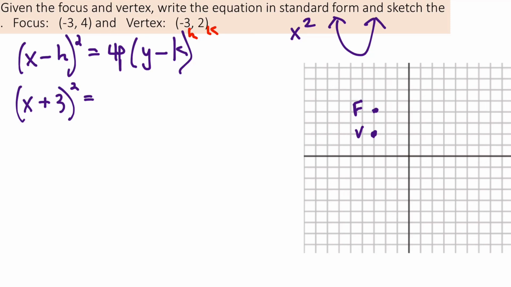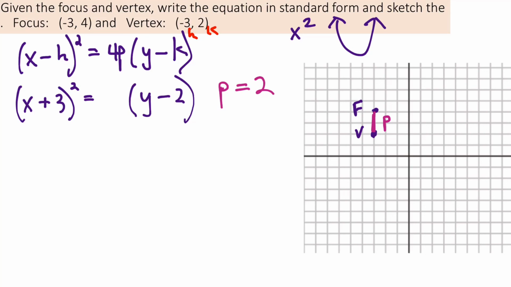Let's wait on 4p for just a second. Then we know y minus k, which is 2. So over in the graph here, this is 2 right here, so this is your p. So we know p is equal to 2. The distance between the vertex and the focus is p.